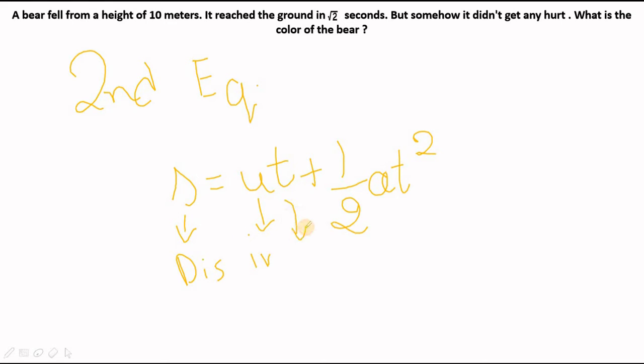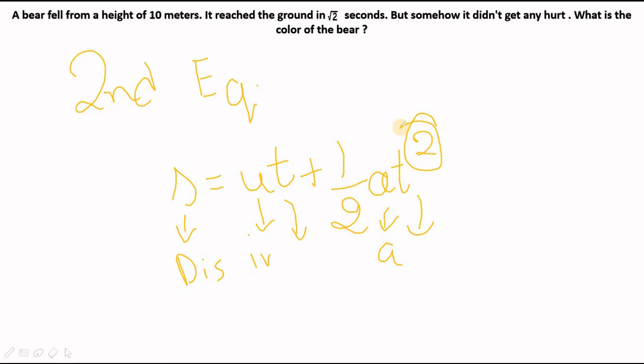T, as you know, is time. Half, what is half? Oh, I forgot. Sorry, it's a fraction. Just kidding. Then a is the acceleration that we have, and t is again time. Here we have t square, so time square should be done. So this equation can be used here.